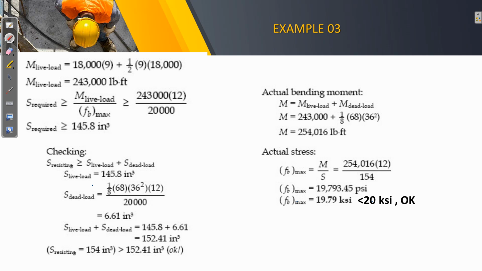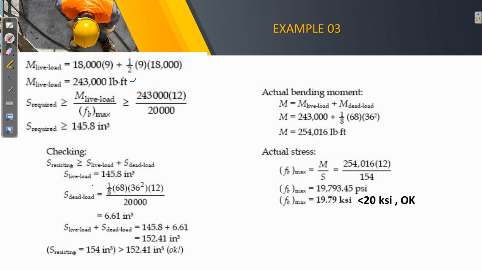We substitute the values. So a while ago, this was already derived. Okay, this one. 243,000 pounds foot. And the dead load is that one, 1868 times 36 squared. So the actual bending moment is 254,016 pound foot.